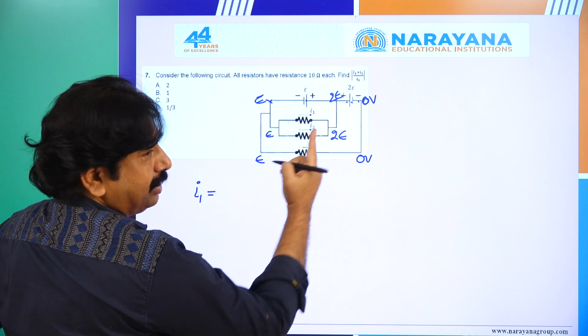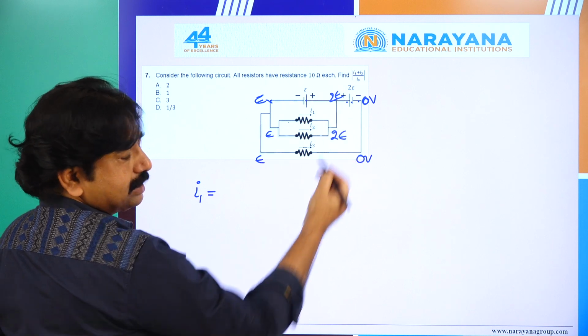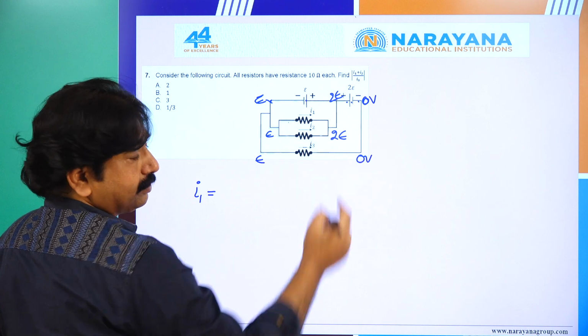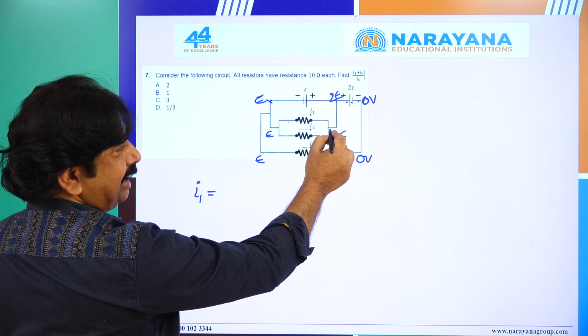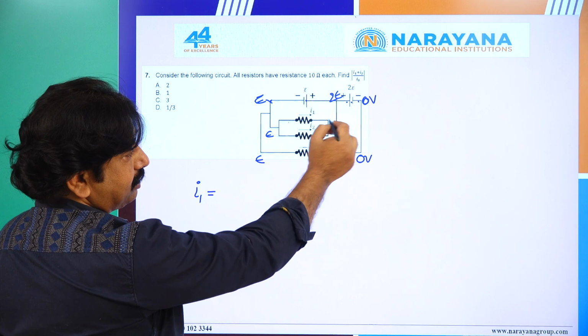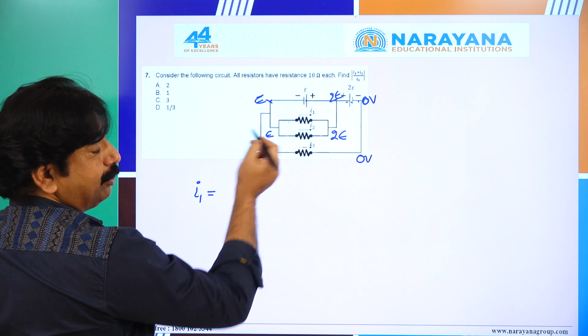But here, one thing everyone has to observe very clearly. Here the arrow marks are like this, towards the right. But here we are getting, this is the higher potential, this is the lower potential. That means as per this, the current should flow from this end to this end only.